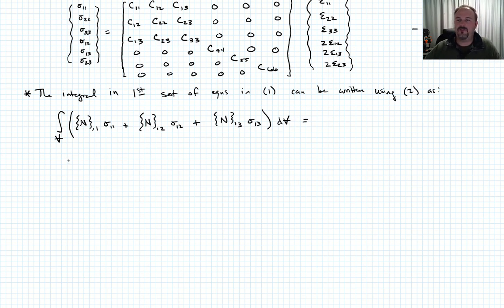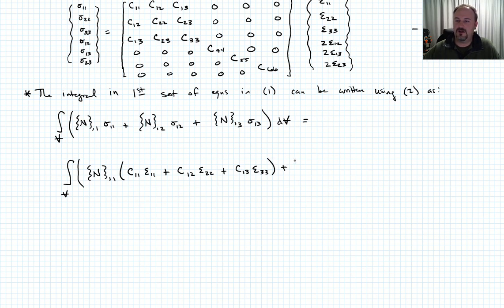And what does that look like if I go ahead and use Hooke's law? Well, that looks like the integral over the volume. It doesn't change the interpolation functions. That's the same. What it does do, though, is now I have to take that first equation and see that it gives me C11 times epsilon 1,1 plus C12 times epsilon 2,2 plus C13 times epsilon 3,3, right?